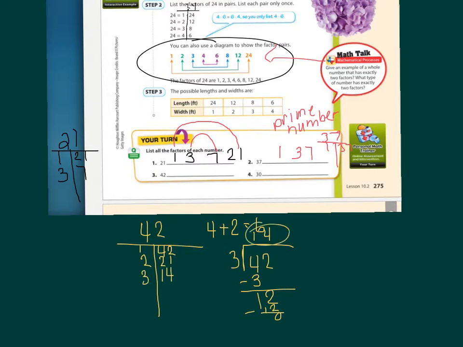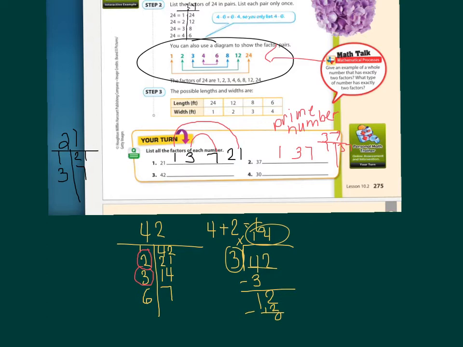Okay, 3 times 14, because 14 times 3 gives you 42. 4 times anything? No. 4 times 10 is 40. 4 times 11 is 44. 42 is in the middle. 5? No, it doesn't end in a 5 or a 0. 6? Yes, that's a math fact. Plus, remember that rule, if it's divisible by 2 and 3, it will be divisible by 6.